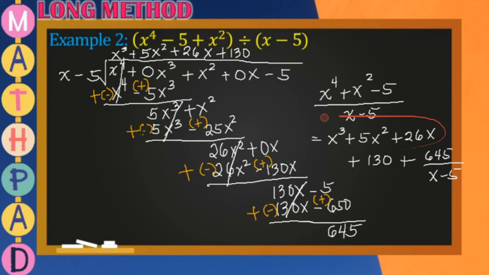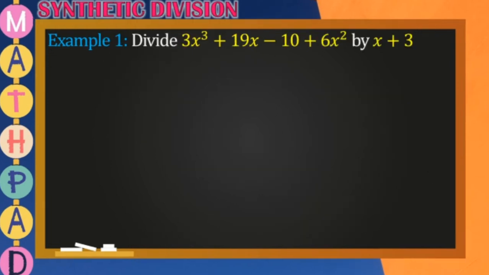Now, another way of dividing polynomial is using the synthetic division. Now, it is a bit easier, no? Mas madali siya kumpara sa long method. Ang kailangan nyo lang tandaan dito, kailangan careful tayo pagdating sa mga signs. Okay?